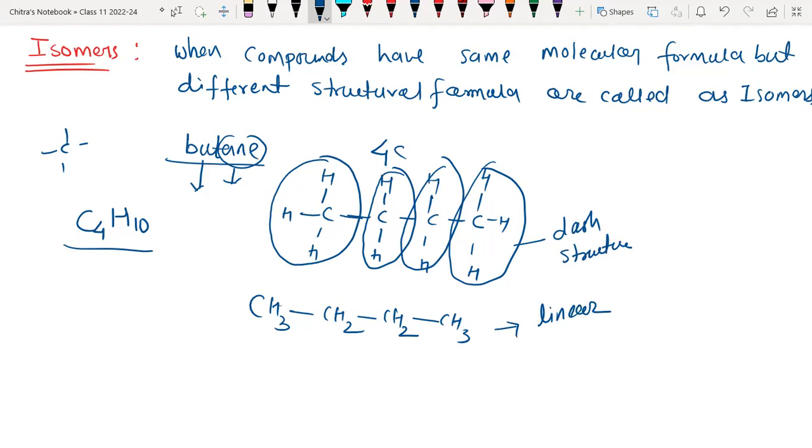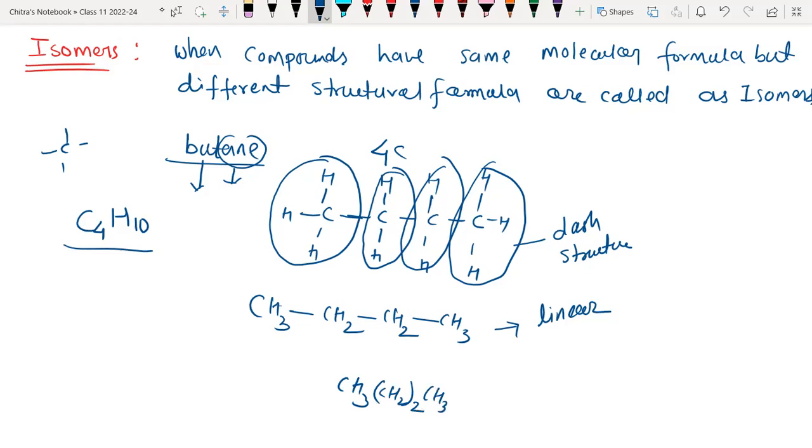Sir, I guess the first one is called the full image of the compound. Yes, it is called the dash structure. The second one is called the condensed form. Condensed form is like CH3, then CH2 two units, so in bracket we have to write CH2 twice, and then CH3.